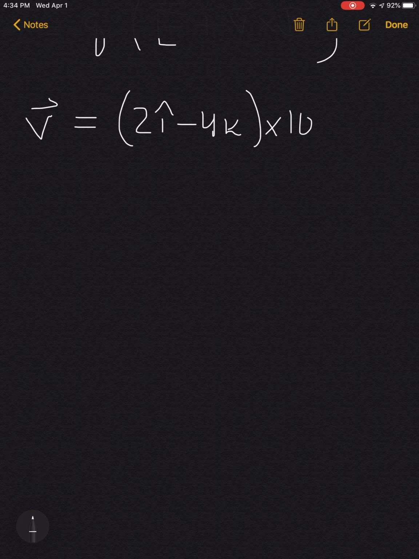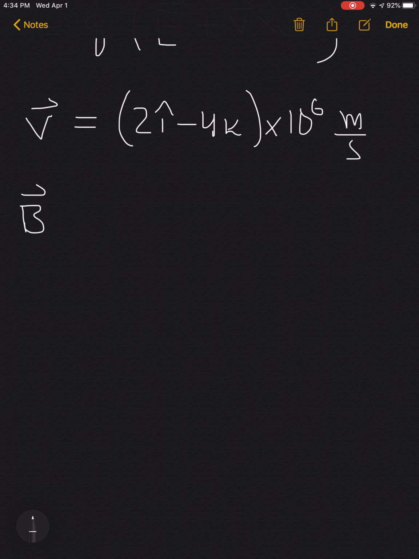So V is given as 2i minus 4k times 10 to the 6th meters per second.